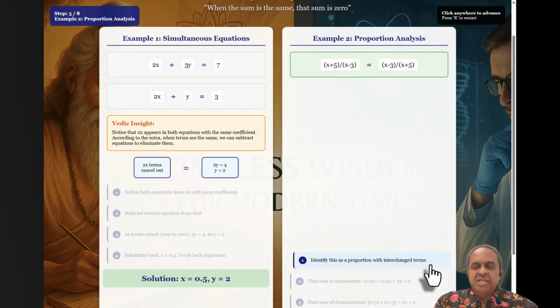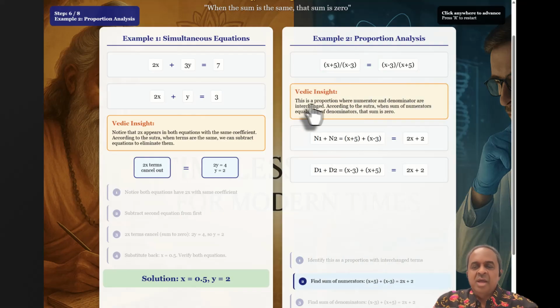Identify that this is a proportion with interchanged terms. The denominator on the left side is the numerator on the right side, and vice versa. So this qualifies for the sutra.